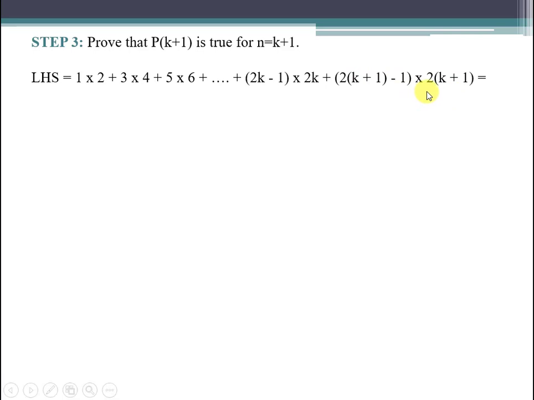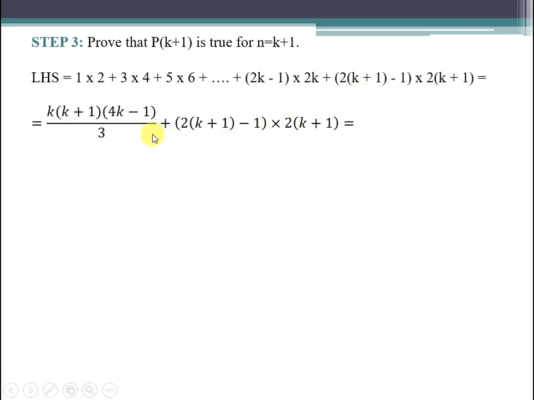We add the next term, the k plus 1 term, and from the second assumption, the part up to 2k is equal to this one. And now we add this term.